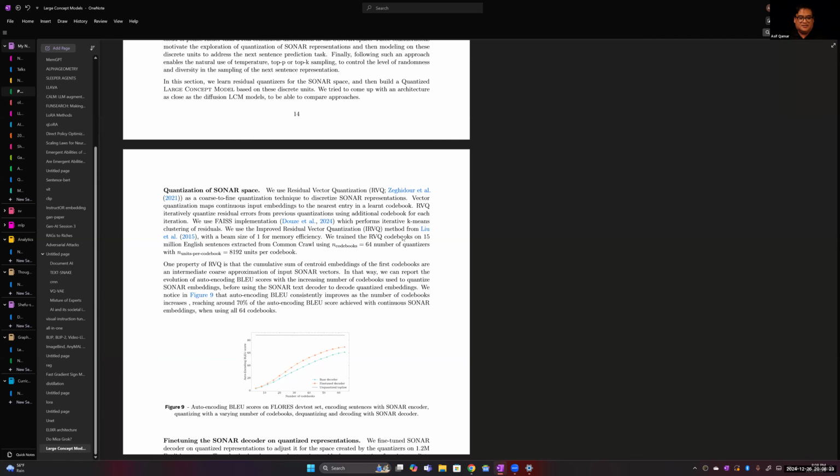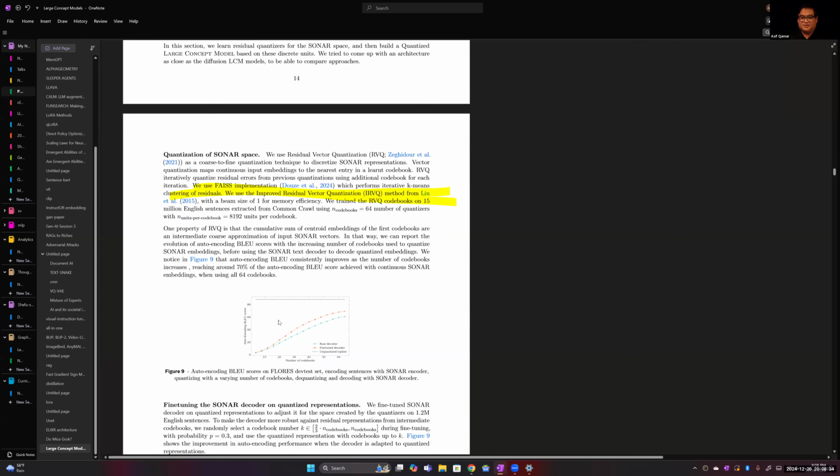They use the FAISS implementation, which performs iterative k-means clustering of the residuals and so forth. So some form of quantization is what they use. We train the RVQ codebook on 15 million English sentences, and you come up with 8192 units per codebook, which is it.